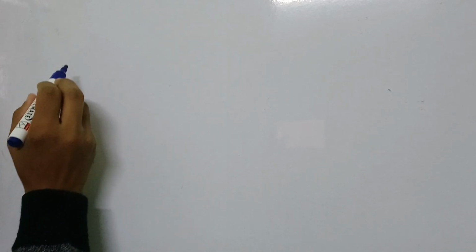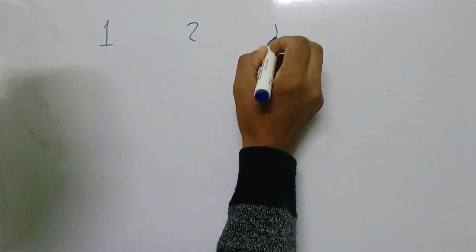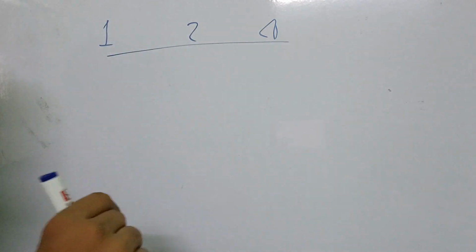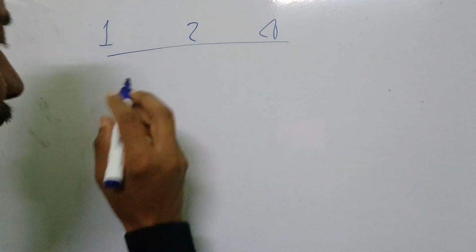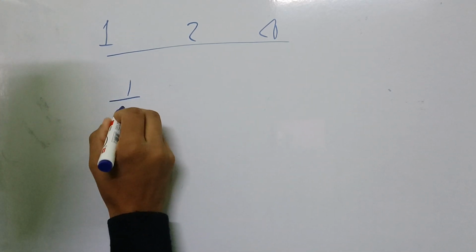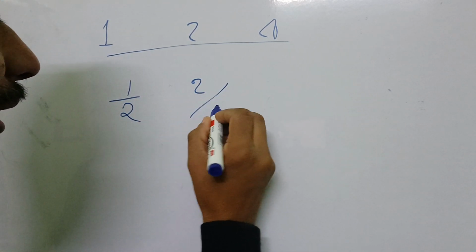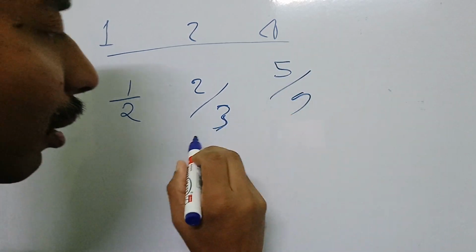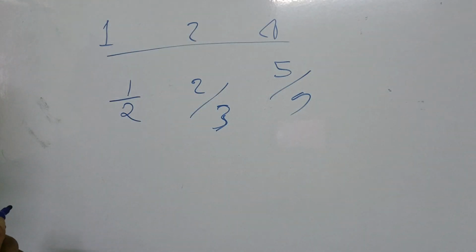Fractions means, if we say 1, 2, 4, all these are whole numbers. Now, 1 by 2, 2 by 3, or 5 by 9, these are fractions.